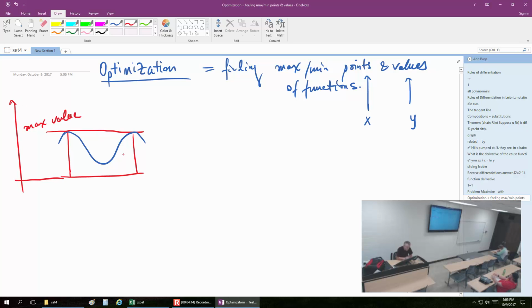That's all. But on the other hand, there are two x's, x1 and x2. So that's not the same. When we say maximize, minimize, optimize, it means that you have to find all of those. The value will be one, the largest value.